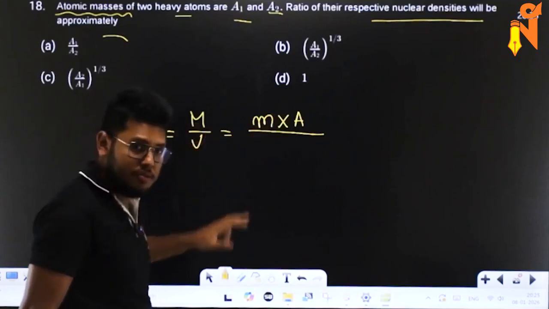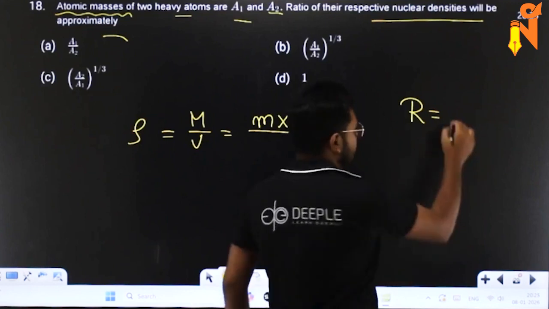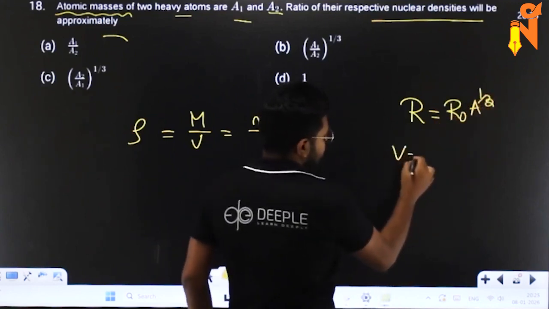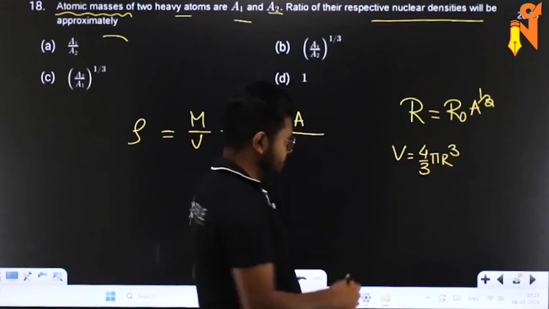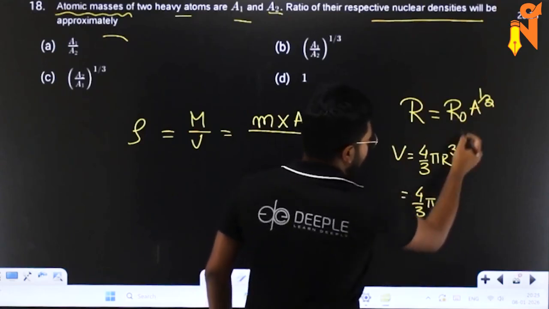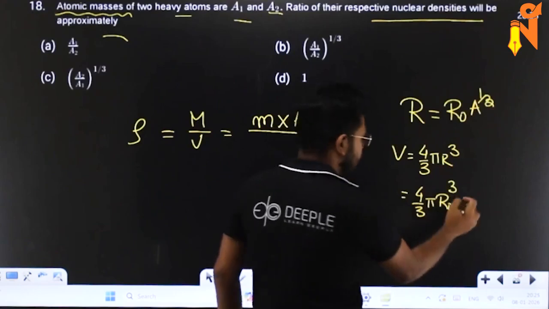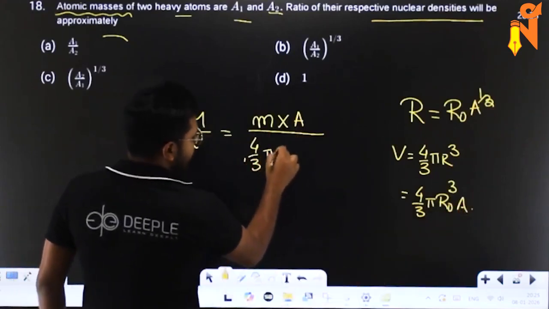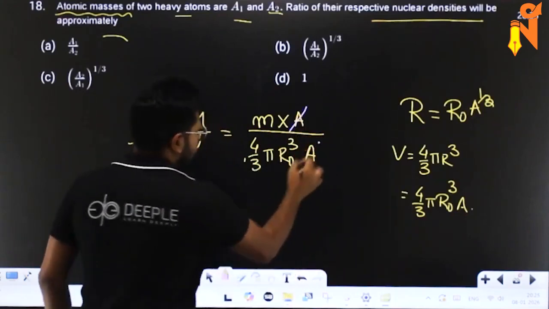Now V is the volume, and you all know radius r is given, according to the liquid drop model, as r naught A to the power 1/3. So the volume will be 4/3 pi r cubed, because the nucleus is spherical. So 4/3 pi, and r cubed is r naught cubed, then A to the power 1/3 cubed becomes A. So 4/3 pi r naught cubed into A. Now look at it very carefully, A got cancelled out.